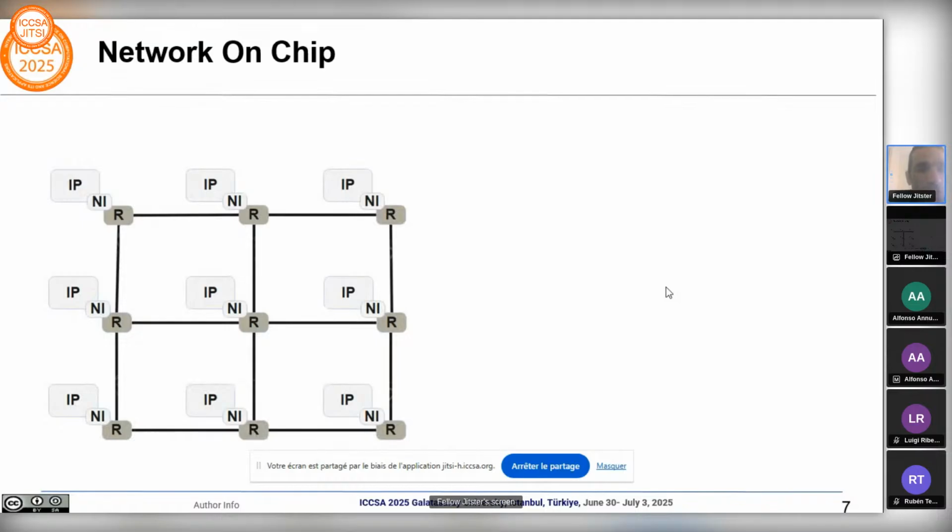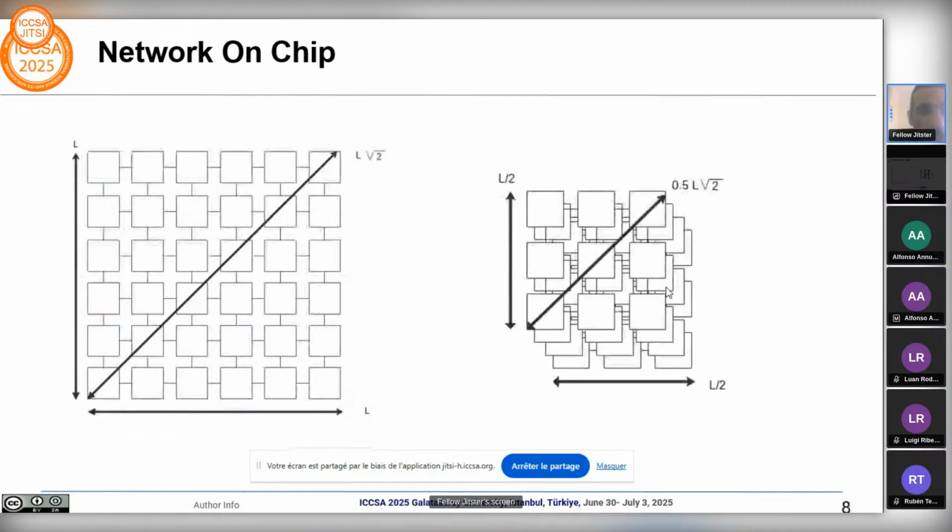The topology used in this work is 2D, but when the number of components increases, we must reduce the area by stacking many 2D topologies to form 3D network on chip.